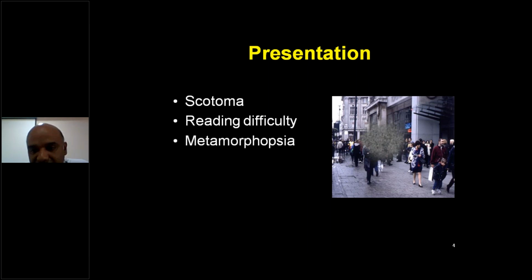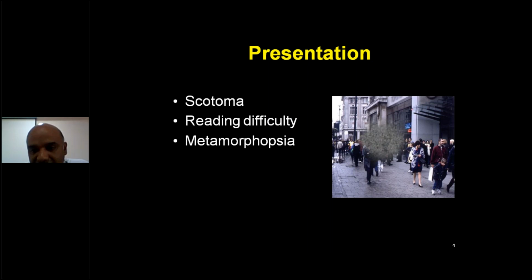Second thing, reading difficulty. Reading difficulty because in the central part of the macula the cones are maximum, which aid in good near vision. So when there is macular damage, it will definitely affect reading. Metamorphopsia is alteration in the structure of the visual object.